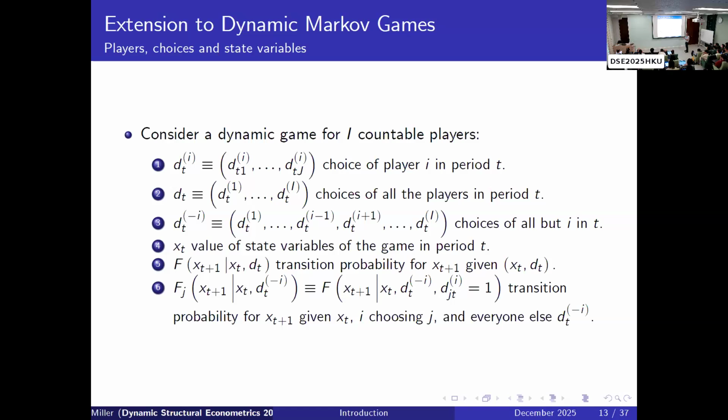We could think about the choices of all the players in period T. It's a non-cooperative game, so each person is maximizing their own problem in equilibrium, which means everybody else is playing their equilibrium. The definition of Nash equilibrium, or some of the refinements, is my best reply to what everybody else is doing. So let's look at the choices of all the other players.